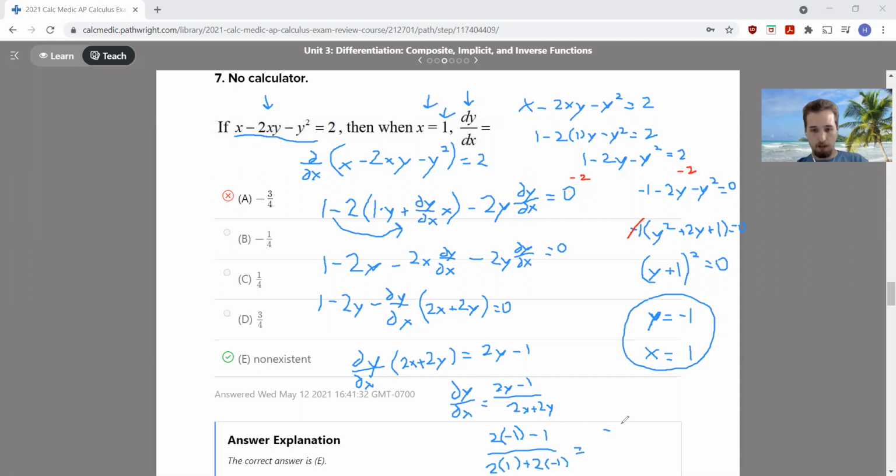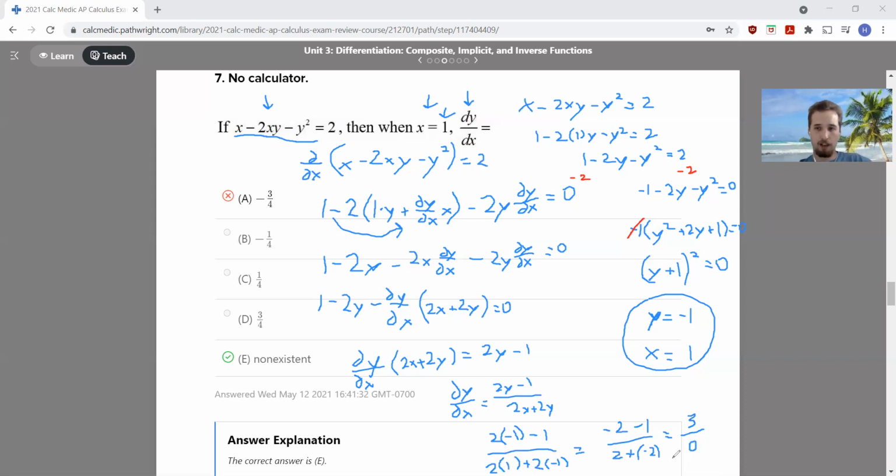We get -2 minus 1 in the numerator, and 2 plus -2 in the denominator. So we get -3 over 0. 2 plus -2 is 0.